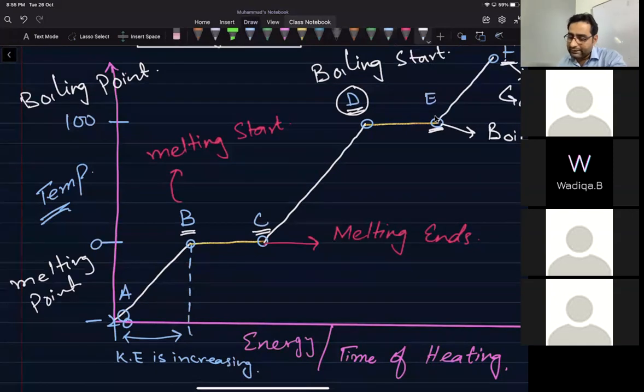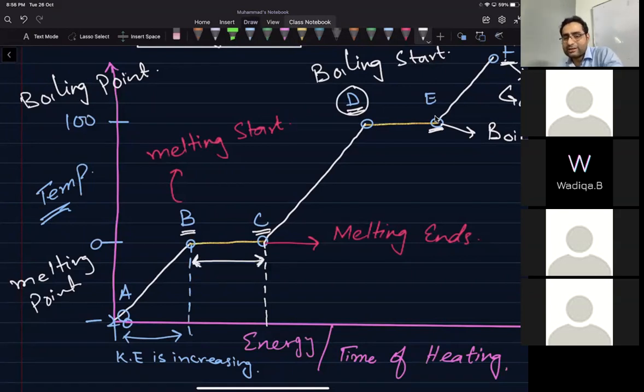Now, between B and C, temperature is constant. If temperature is constant between B and C, it indicates kinetic energy is also constant. Here the question is raised: where is this amount of energy being used, because it is not used to increase the kinetic energy?